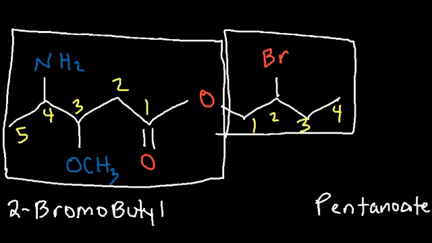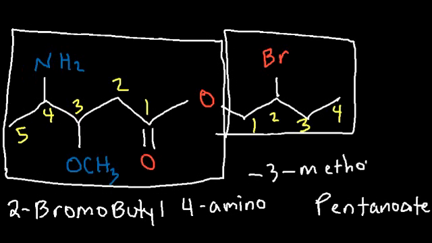Now we have an amino group on carbon 4 and a methoxy group on carbon 3. So this is going to be 4-amino, and I'm running out of space, so it's going to be 3-methoxy, and then pentanoate.